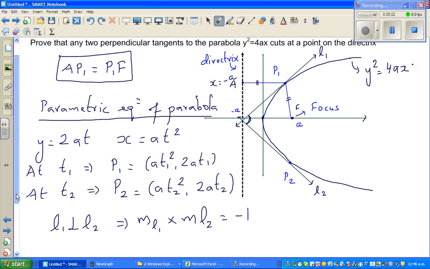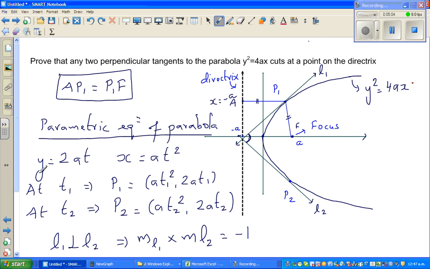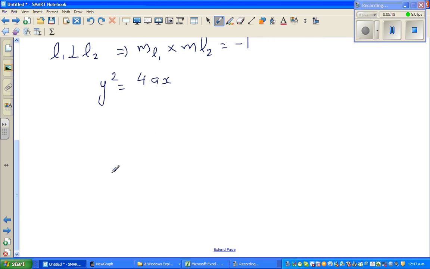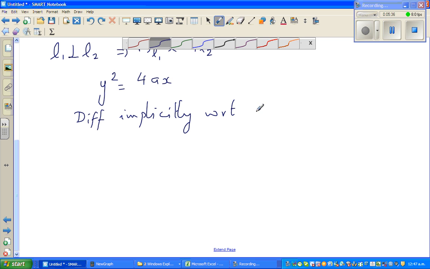So let's write the simple equation or the Cartesian equation: y squared is equal to 4ax. Let us differentiate implicitly both sides with respect to x.